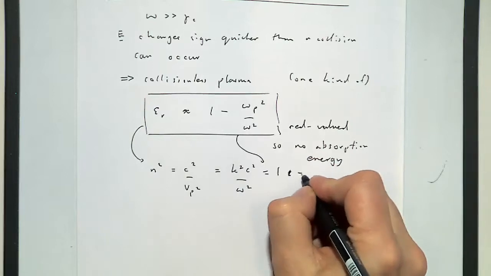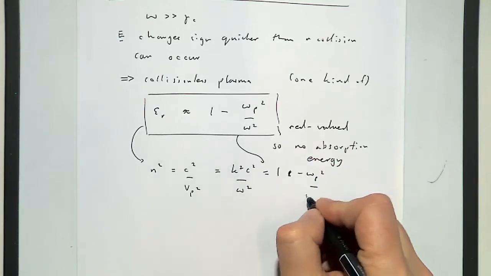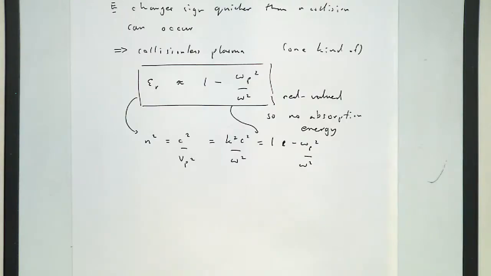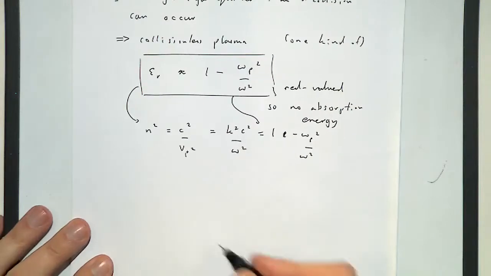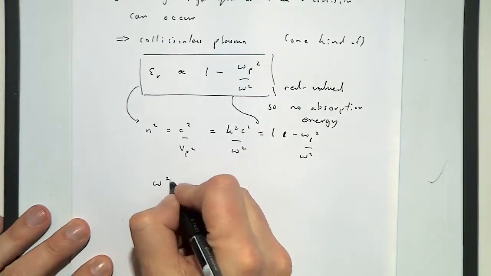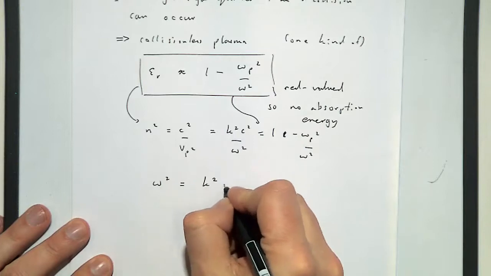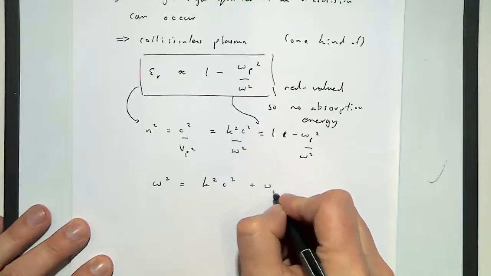It's 1 minus omega p squared over omega squared. So this is our statement about the dispersion relation in a plasma. We write down omega squared equals k squared c squared plus omega p squared.